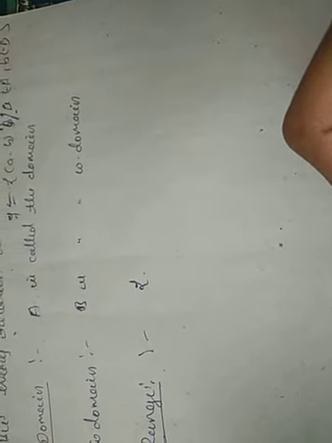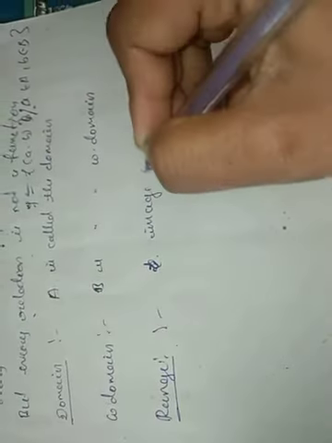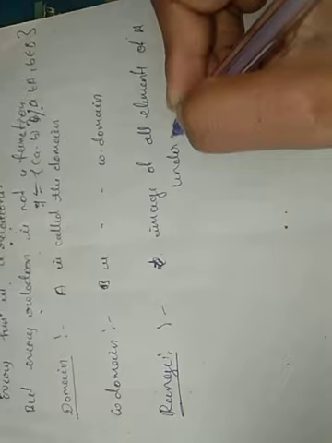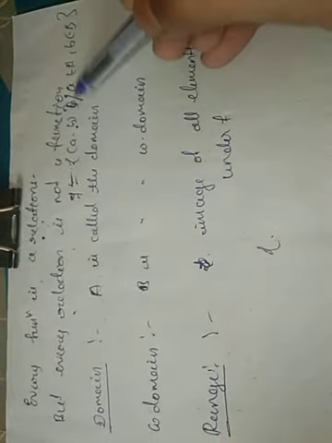Range is a subset of B consisting of the images of all the elements of A under f, meaning the set of the second elements of the ordered pairs.